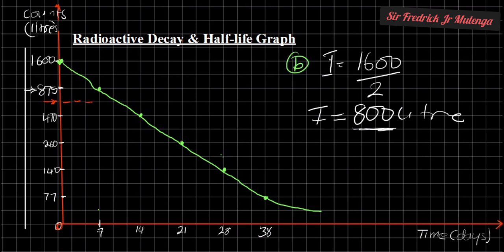Okay, so we touch the graph there. Then you start coming down because you want to determine the half-life. You start coming down like that, the way I'm coming down right there. So I touch there.